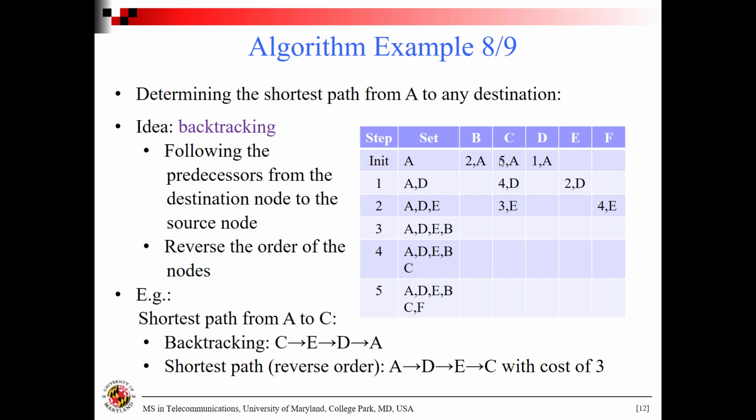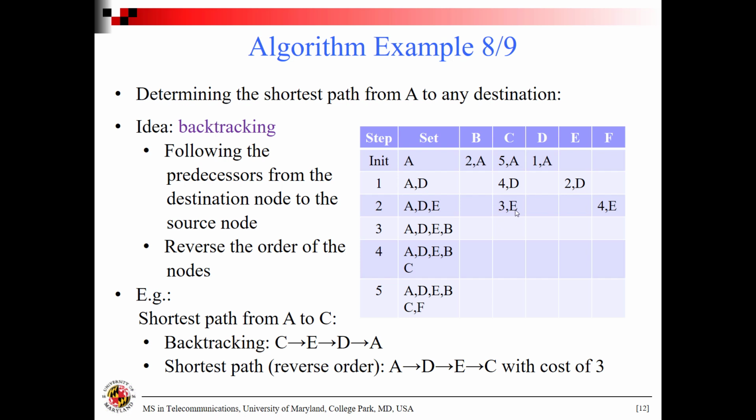So we're gonna go to the table. We're gonna look at destination C and look at the entry that corresponds to the least cost path. And the cost of the least cost path is 3, as you can see.